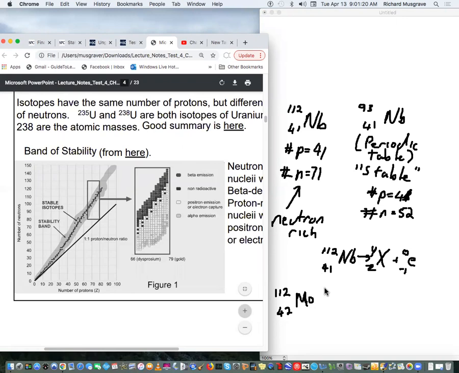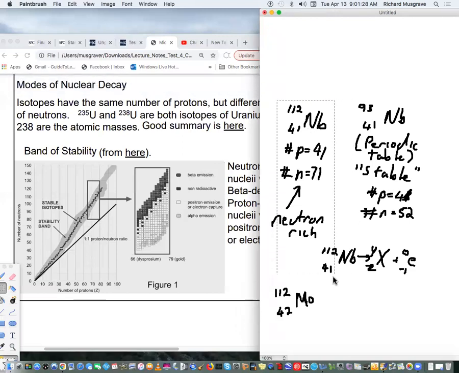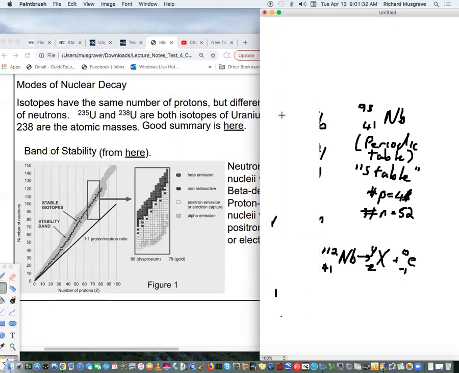All right, let's look at the opposite example where something is proton rich. And I'm just going to make something up here. I'm going to use this because I already have it. Okay, so let's say we've got Nb-80.